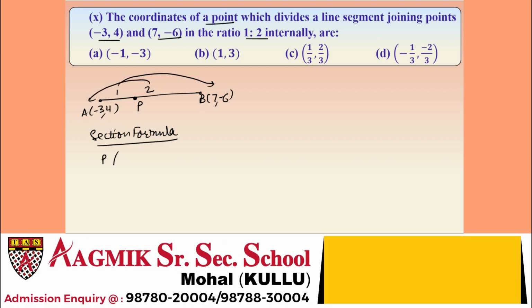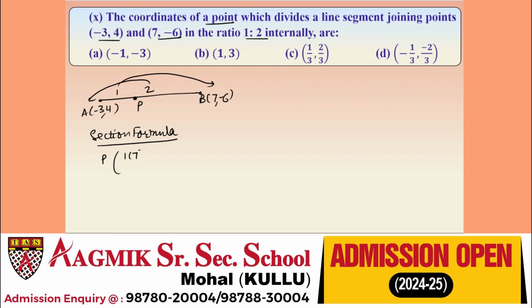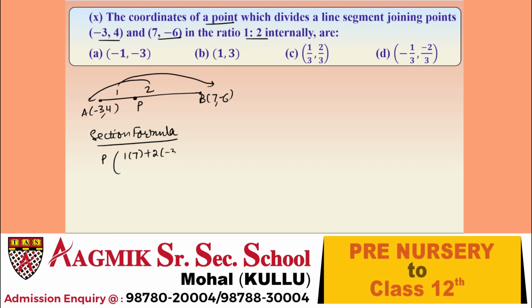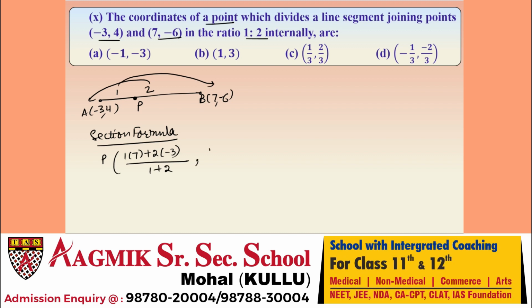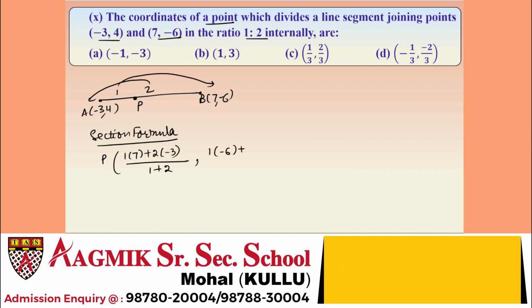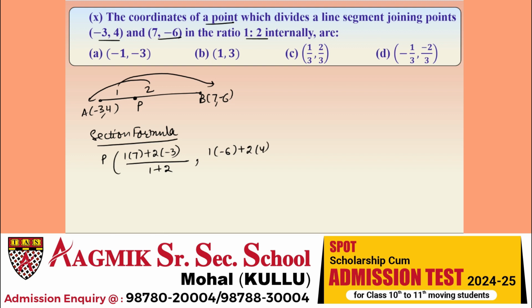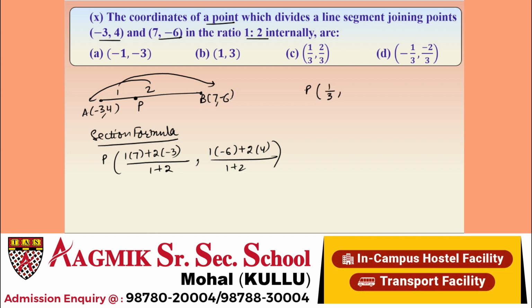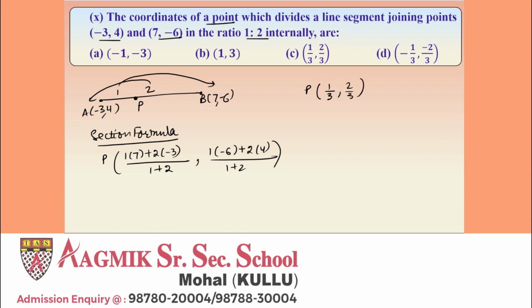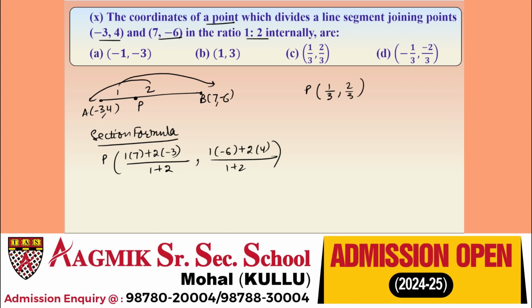So point P will have coordinates 1 times 7 plus 2 times -3 divided by 1 plus 2. Similarly, y coordinate 1 into -6 plus 2 times 4 divided by 1 plus 2. So solving we get coordinates of P as 7 minus 6, 1/3, then -6 plus 8, that is 2/3. Alright. So in part 10th we have C option correct.